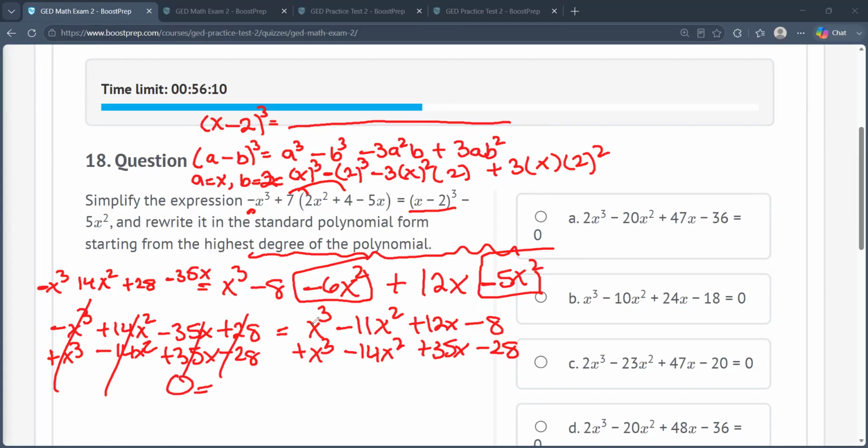And then on the right, what's 1x cubed plus 1x cubed? 2x cubed. What's negative 11x squared and a negative 14x squared? Negative 25x squared. What's 12x plus 35x? 47x minus 28.